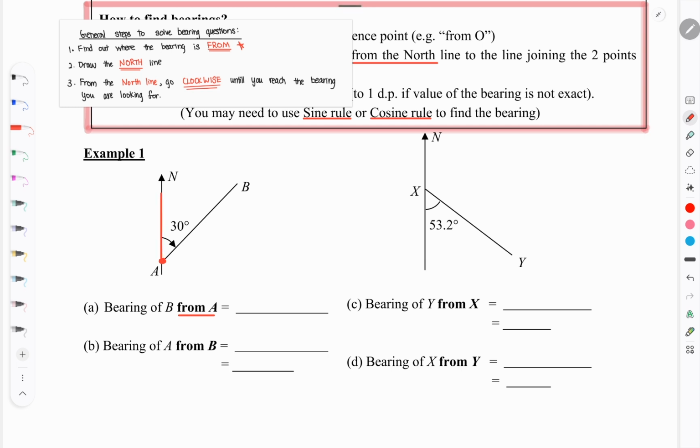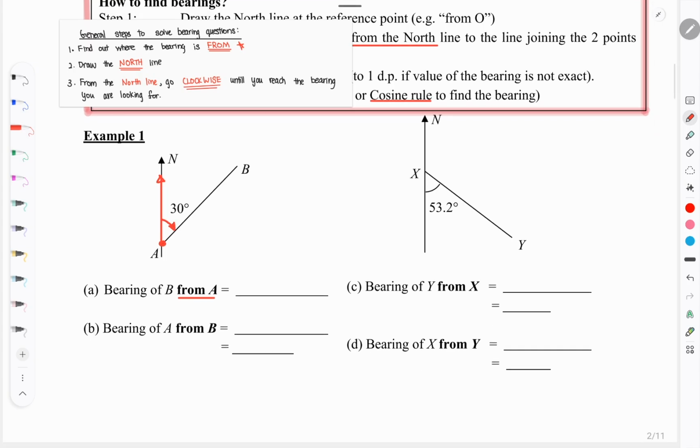So this is just to remind me that north is facing up. And then I want to find the bearing of B. Okay, so from the north line, I'll go clockwise. I see that it is actually very simple. It is just 30 degrees. But since I am finding the bearing, I cannot just leave it as 30 degrees. I have to write it as 030.